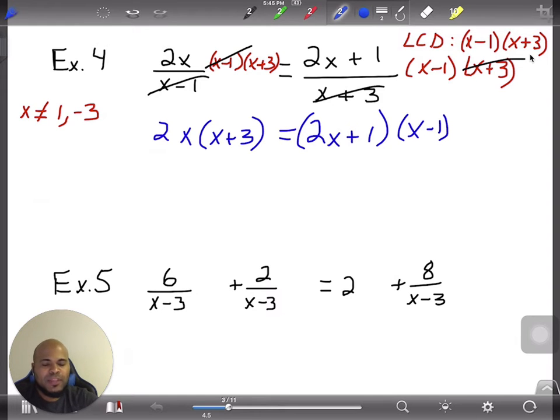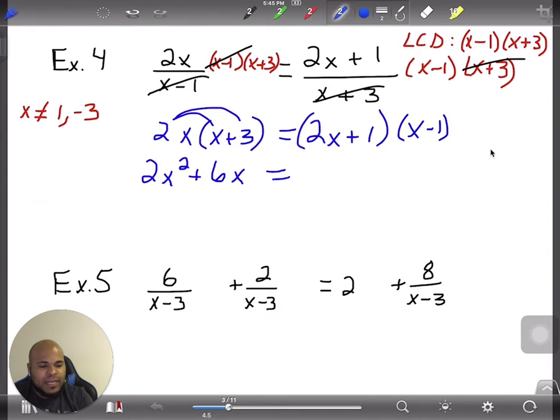Now I have to distribute this 2x to every term inside the parentheses. So 2x times x is 2x squared, and 2 times 3 is plus 6x.